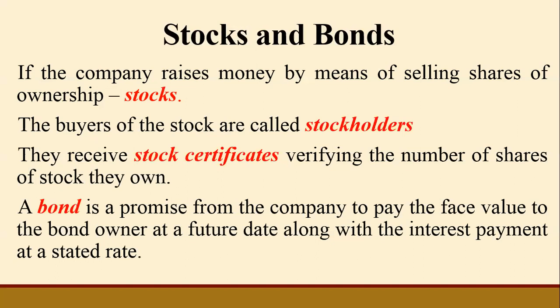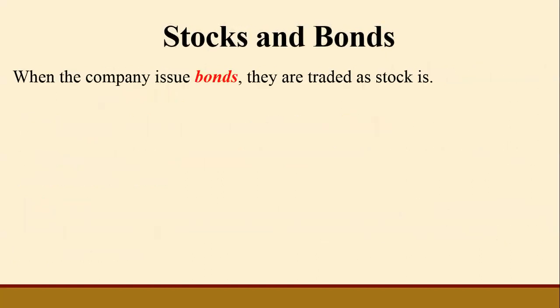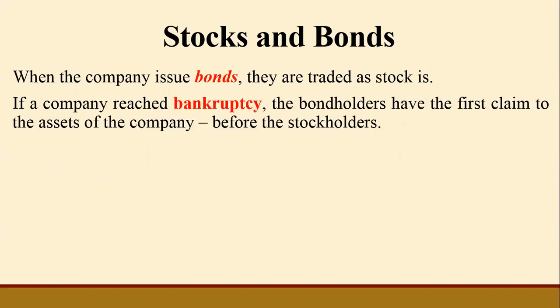When the company issues bonds, they are treated as stock is. And if a company reaches bankruptcy, the bondholders have the first claim to the assets of the company, before the stockholders.